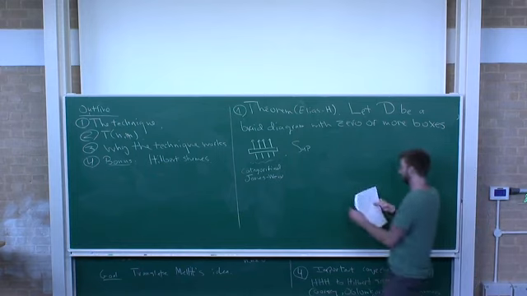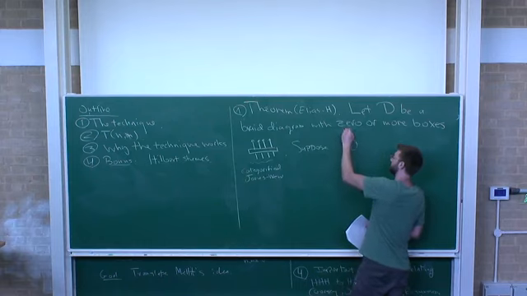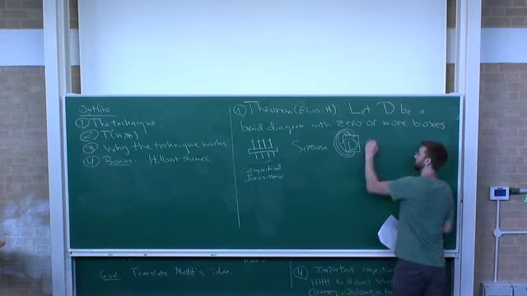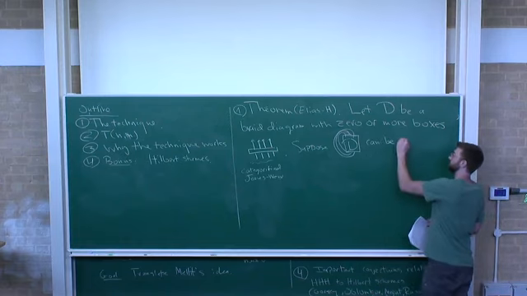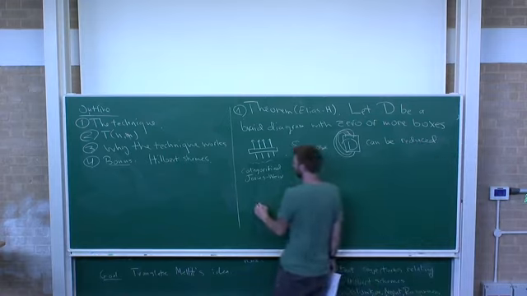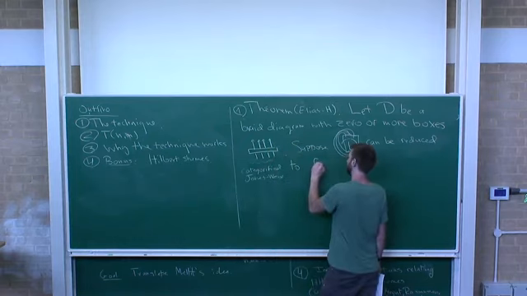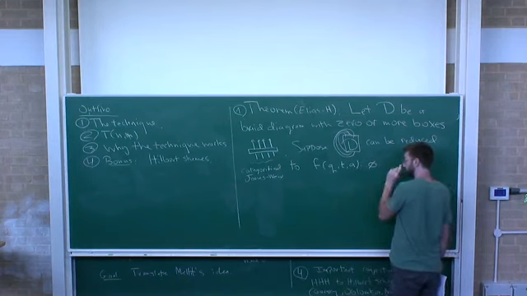Okay, suppose the closure of this braid diagram can be reduced to a multiple of the empty diagram using a sequence of the following moves.